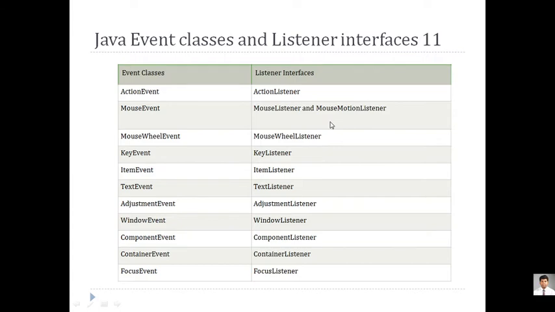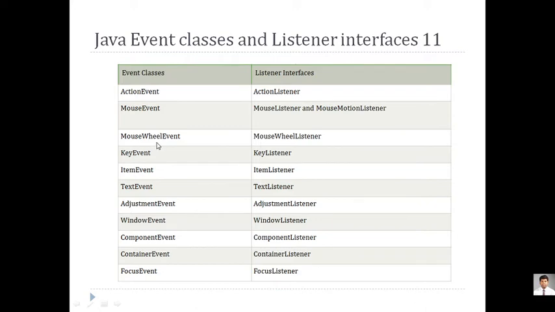Now major focus is that we'll be going first only for displaying the elements on your screen, and then we'll be going for event listeners. Basically, you have to keep in mind the different 11 classes. So there is action event, mouse event. Mouse event has 2 different interfaces, that is mouse listener and mouse motion listener. What is it? We'll look in the future session. Then there is mouse wheel event.